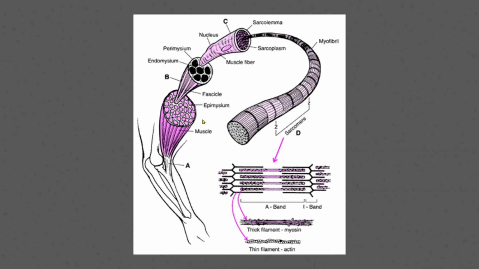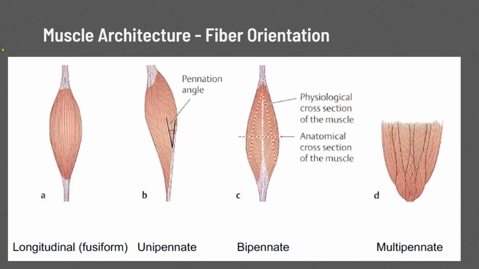So it is a fascicular structure, and I would find just a picture that makes the most sense to you. Either you go from the whole muscle out, or from the sarcomere or the myofibril and build the muscle backwards.